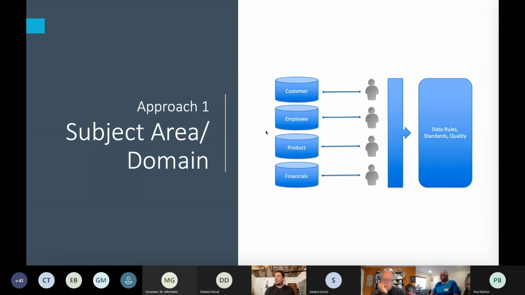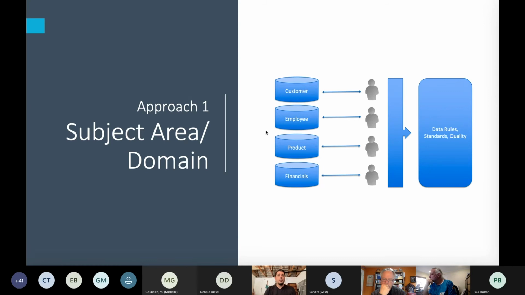If your business is not clear about how they think about their customers, how it's divided up, what the different angles are, and the classic thing is that marketing's definition of a customer is not the same as finance's, those arguments will happen when you do this. That's just to be noted.